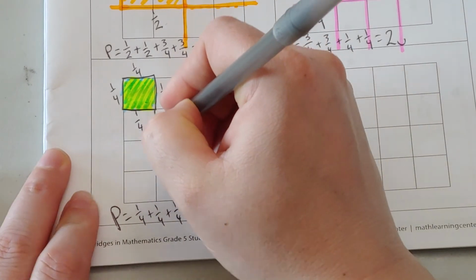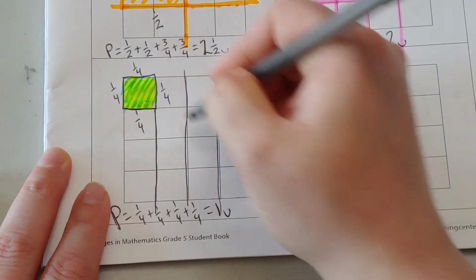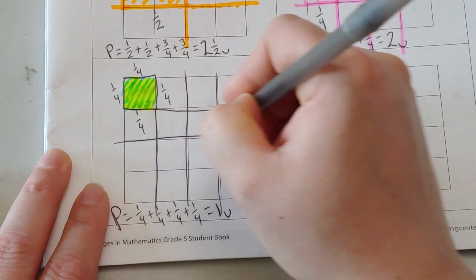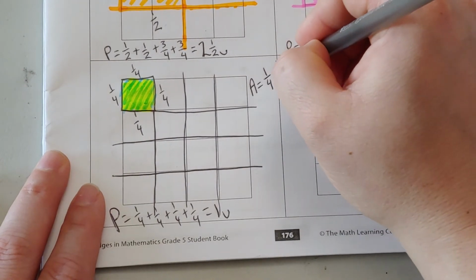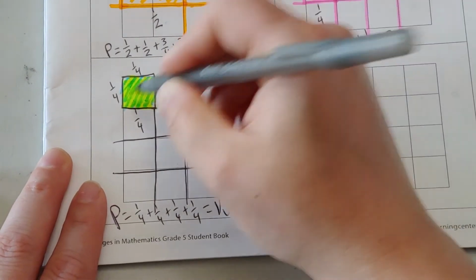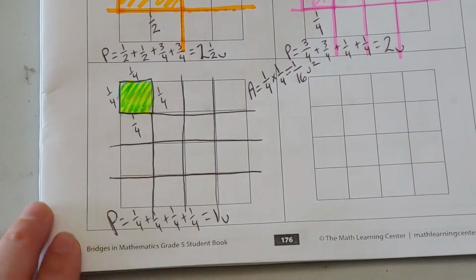So we're gonna have to do like we did for the earlier one. Split all these apart. Luckily, we just counted that. We know there's 16 of them. And this only has one colored in. 1/16.